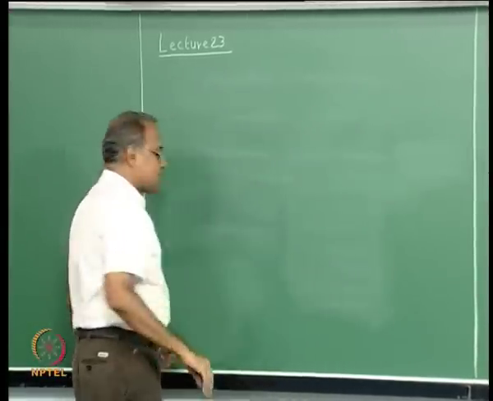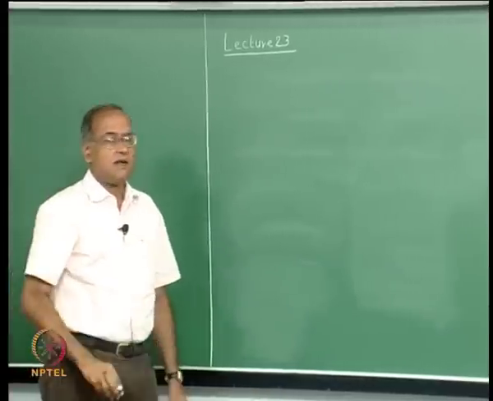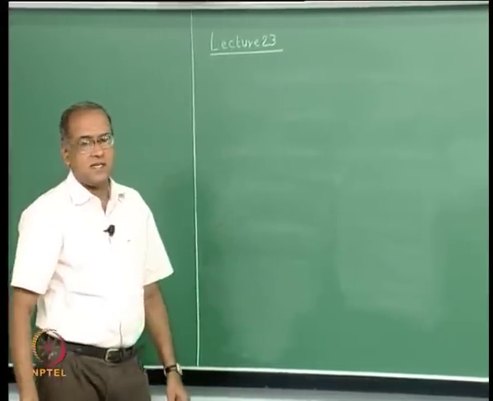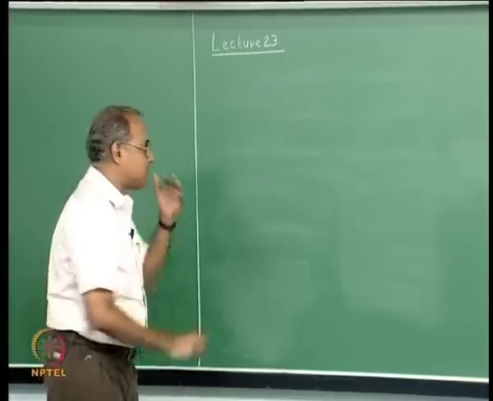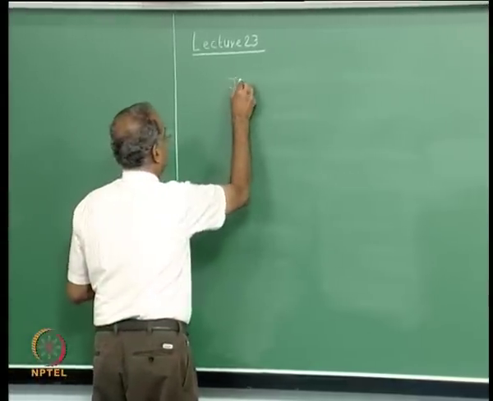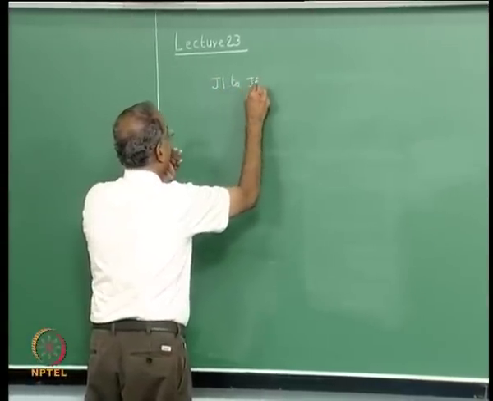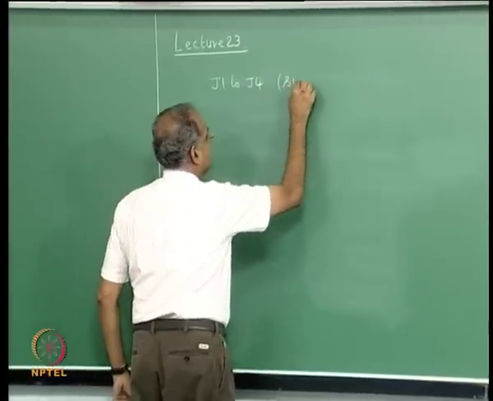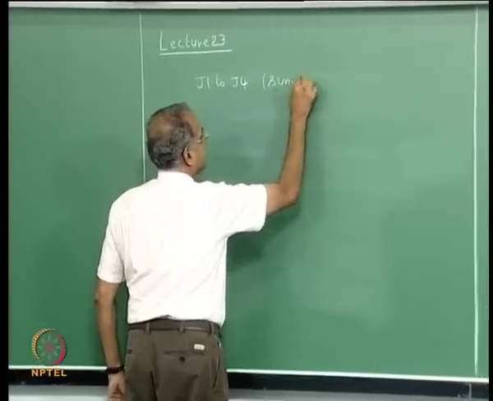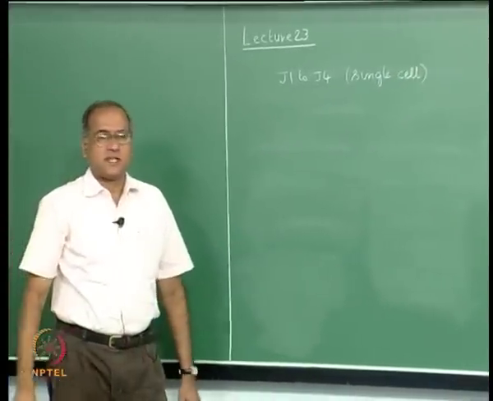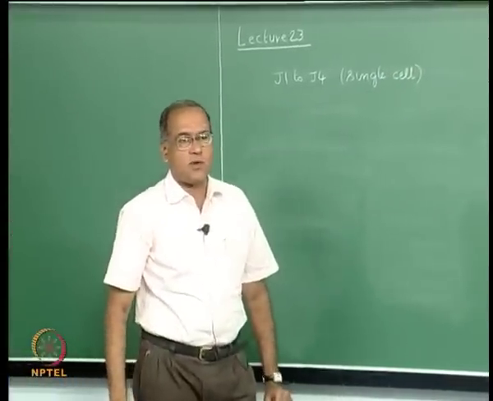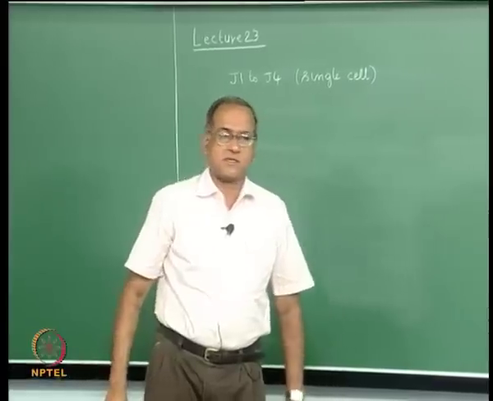Just to be consistent with the scheduling literature, let us call these 4 as J1 to J4. So, there are 4 jobs or parts J1 to J4 and a single cell, and we have to sequence them such that the sum of changeover times is minimized.